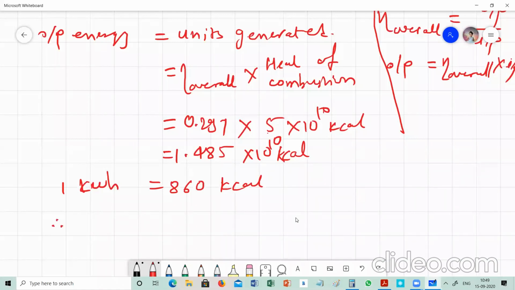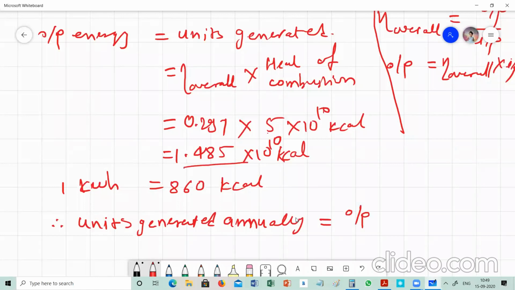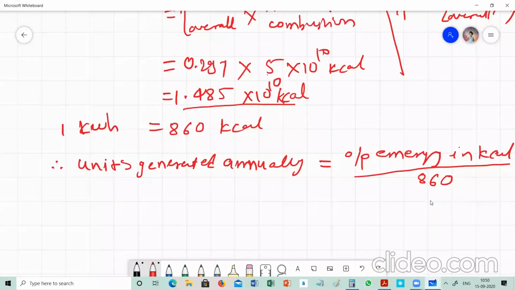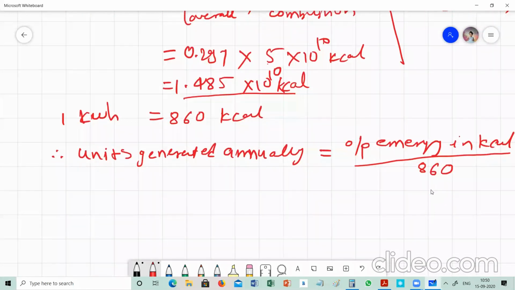Therefore, units generated annually will be equal to this output energy in kilocalorie divided by 860, and this number will give the energy in kWh.